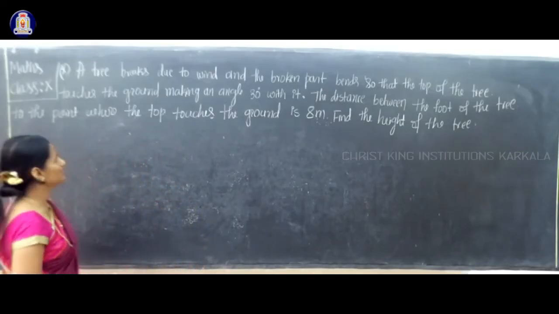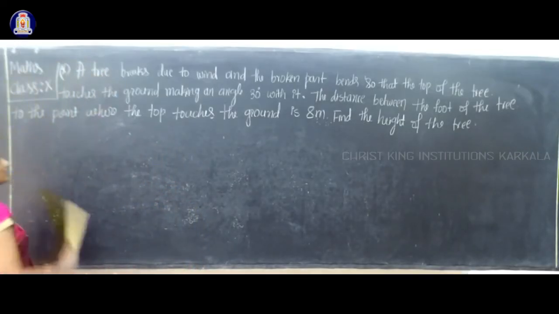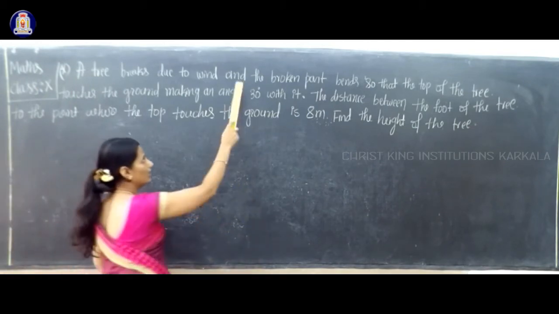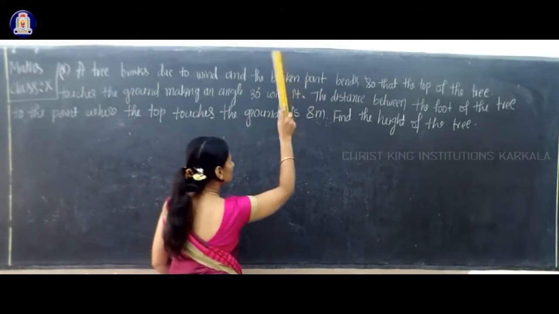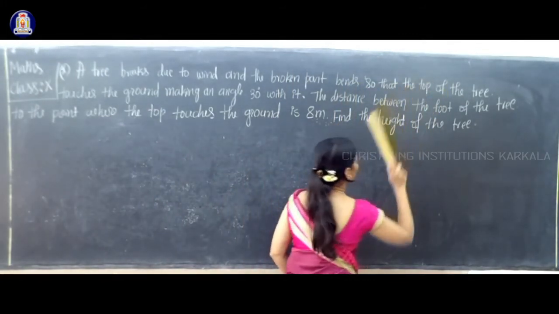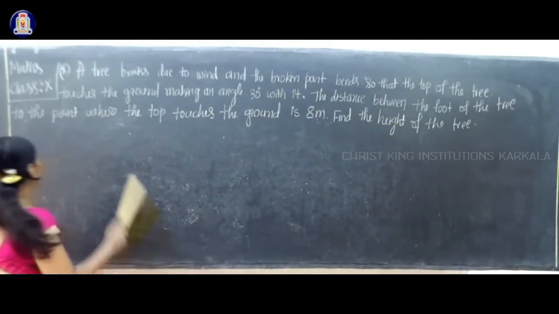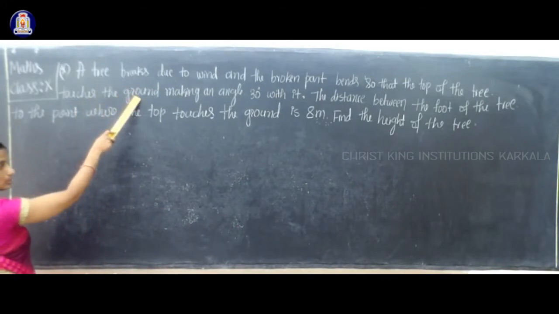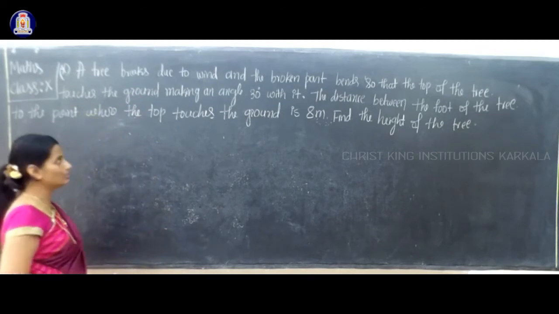The next question. A tree breaks due to wind and the broken part bends so that the top of the tree touches the ground. I think you got the picture, right?